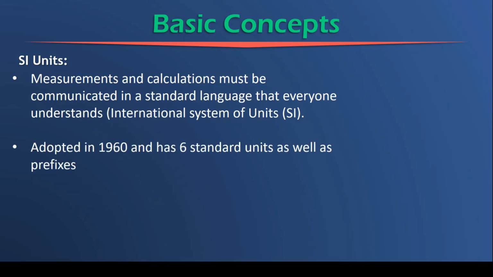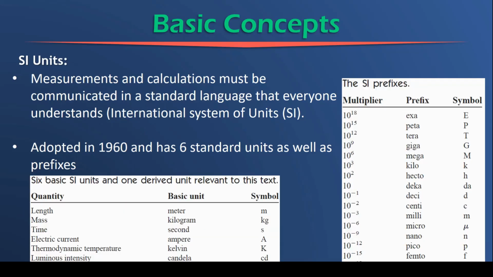So this was adopted in 1960 and has 6 standard units as well as prefixes. Let's take a look at these units and prefixes. So we'll see here that the standard units are length, mass, time, electric current, thermodynamic temperature, luminous intensity, and charge.